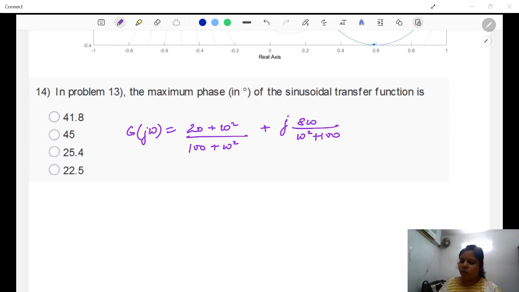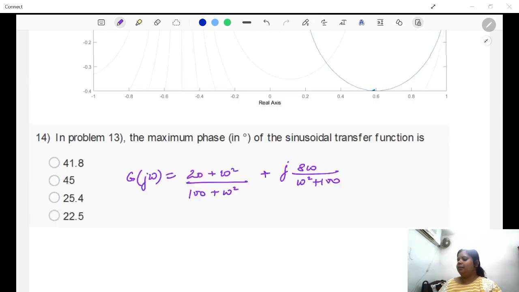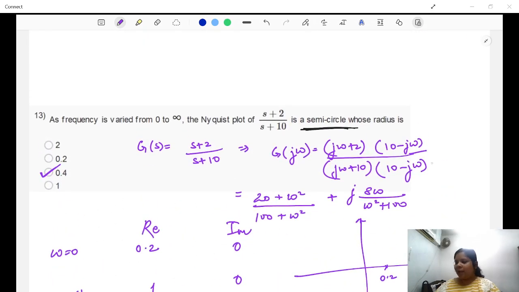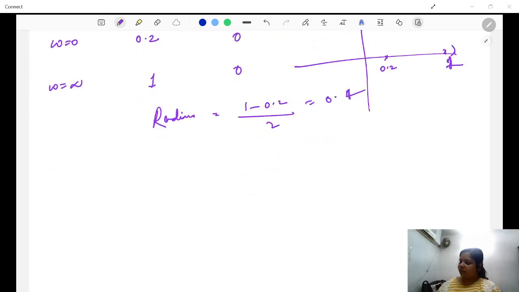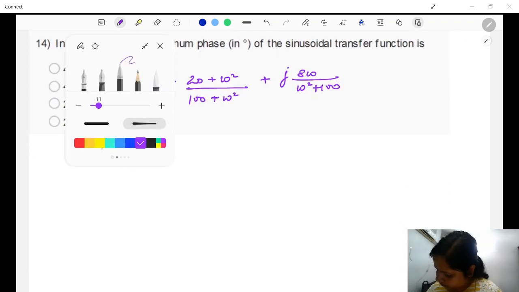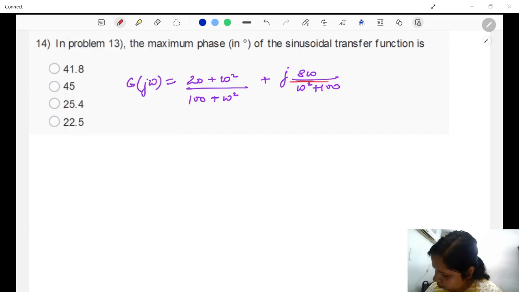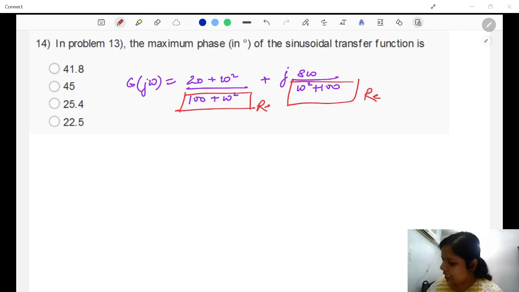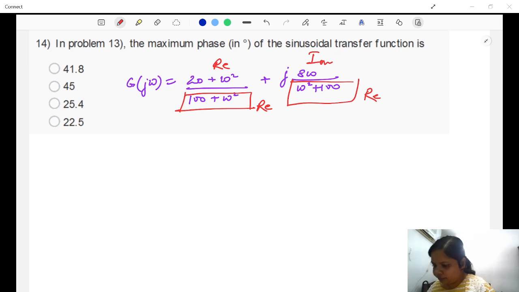Now we want to find out what is the phase. Because in this question I multiplied by the conjugate, I just have the real part in the denominator, whereas real and imaginary part in the numerator. So just finding out the imaginary upon real would give you the answer, tan inverse of this thing.